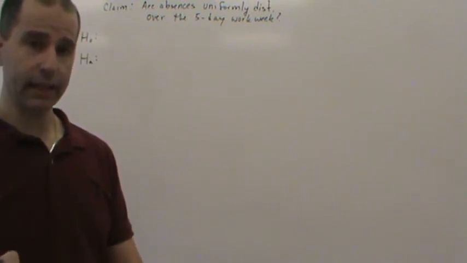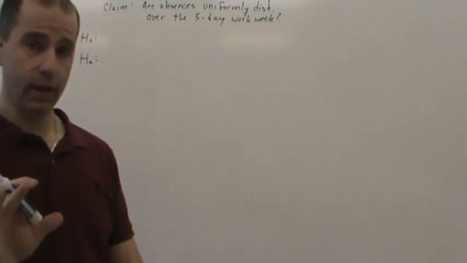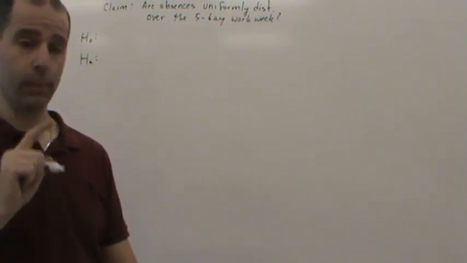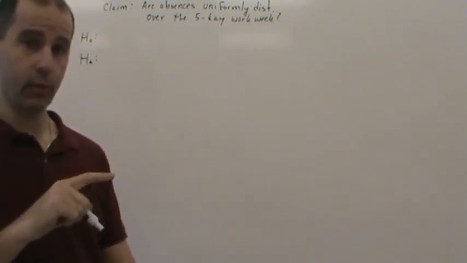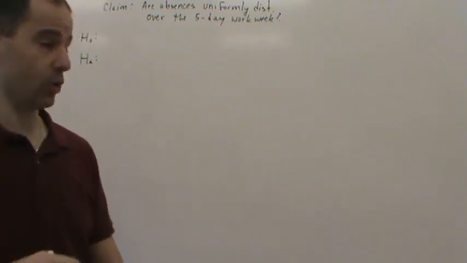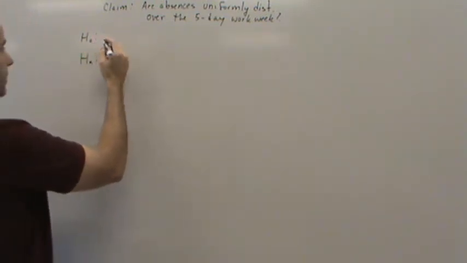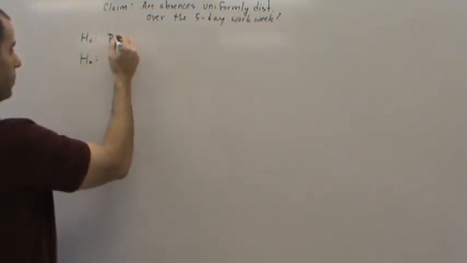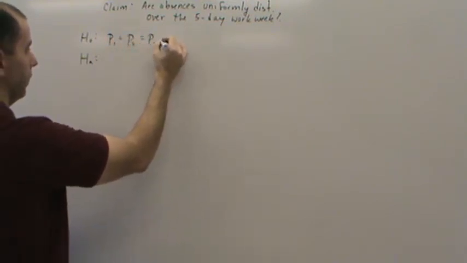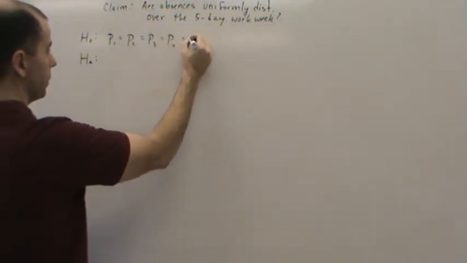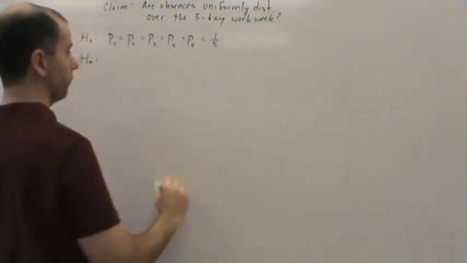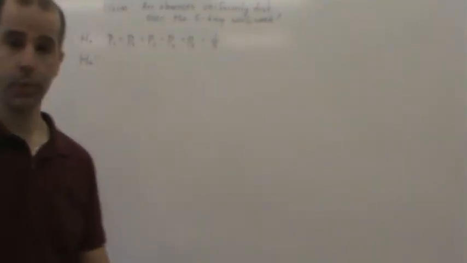If it's equally likely, we would expect that 1/5 of the absences should fall on each day. So the way we would write the null hypothesis is that P1 for the first day is equal to P2, which is equal to P3, which is equal to P4, which is equal to P5, and all of these should be equal to 1/5, or 20%.